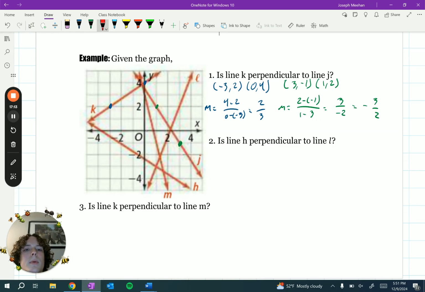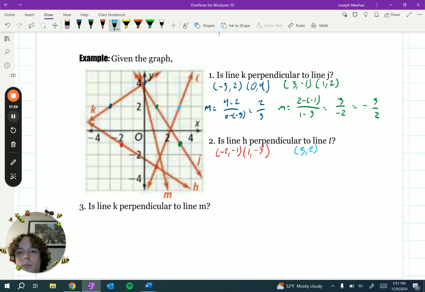Let's do another pair of lines, H and L. Line H, let's pick some points. How about -2, -1? And then we have 1, -3. Let's look at line L. That's this line right here. We have 3, 2.